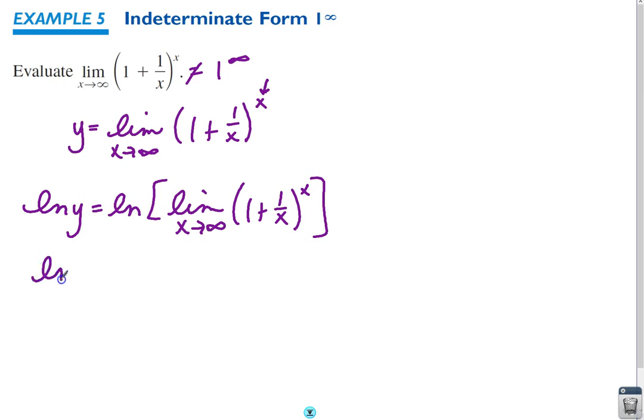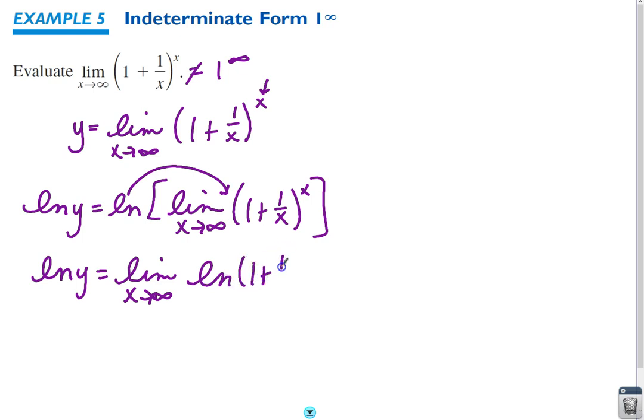So now I'm going to take the natural log of y. I can take the natural log of the limit, so basically I can just put that in right there and make this the limit as x approaches infinity of the natural log of 1 plus 1 over x to the x.